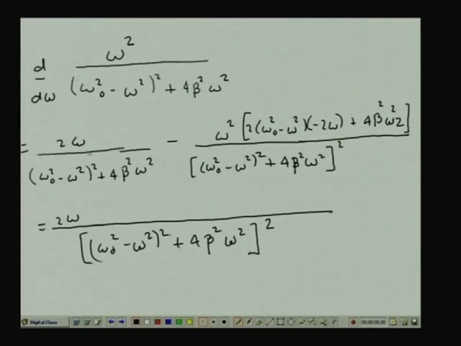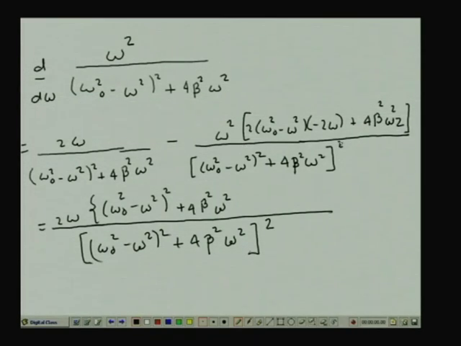So, I have to multiply this particular term with one factor of this. I have taken 2 omega common, so I will have omega naught square minus omega square whole square plus 4 beta square omega square, and I have to multiply, and this term has to also be added.